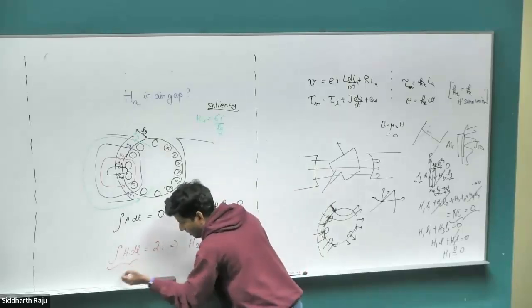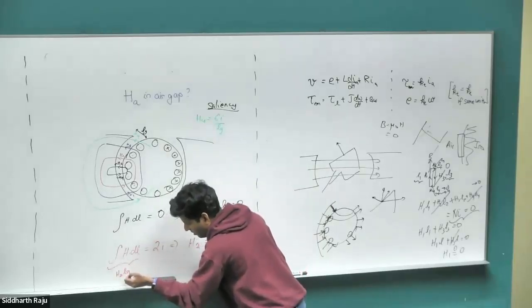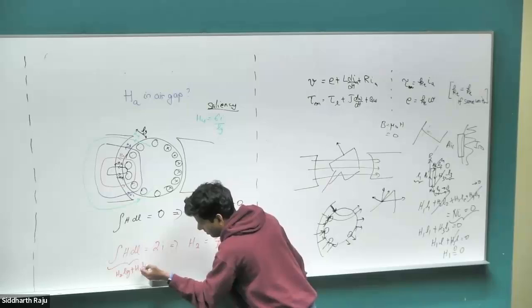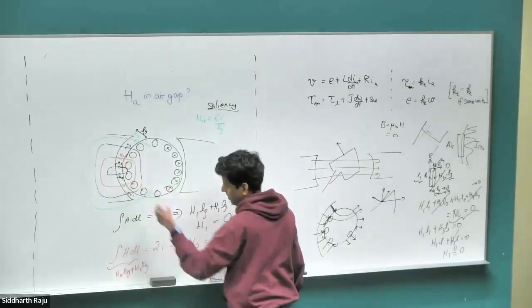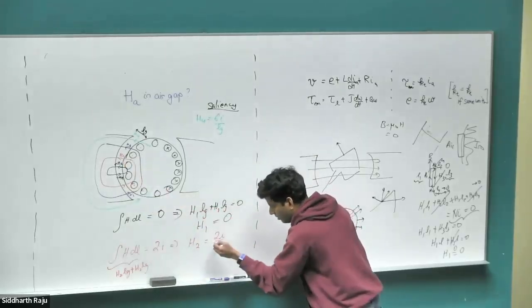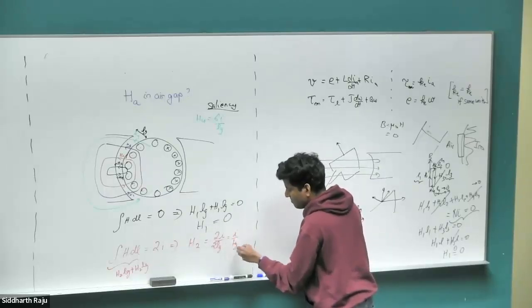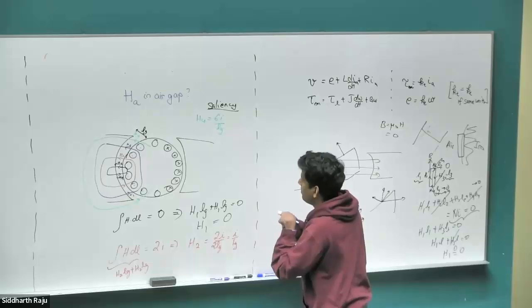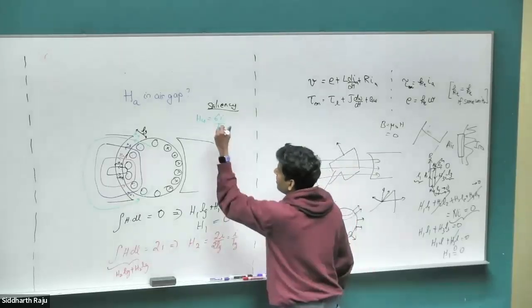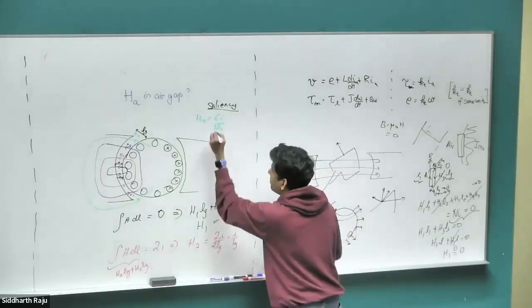Because this would have been H2 Lg plus H2 Lg, one being here, one being here. I'm going to drop in two places. So 2i by 2 Lg, or i by Lg. This would have been 6i by 3 Lg. Sorry, 6i by 2 Lg.